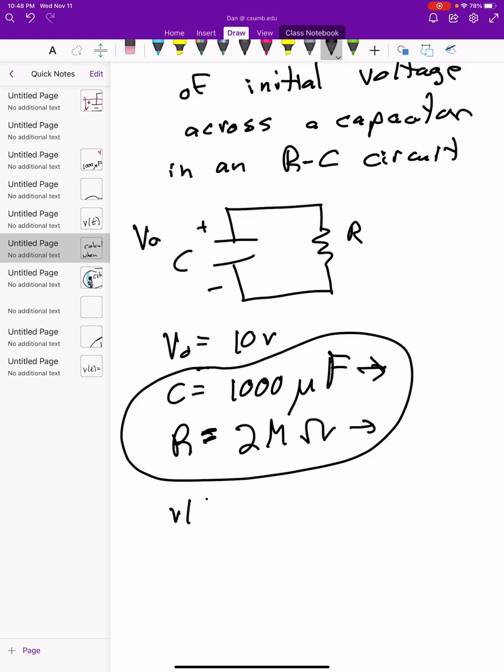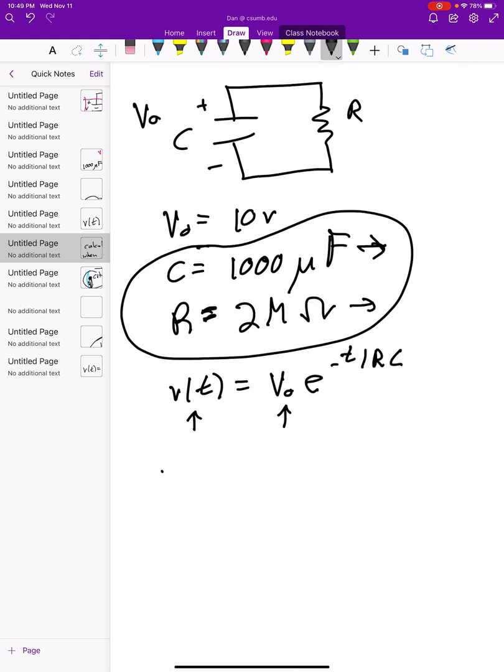So I'm going to write out the equation for the voltage across the resistor or the capacitor in an RC circuit that's been discharging for a period of time t. This is the initial voltage across the capacitor, and that's the voltage across the capacitor and the resistor at time t.